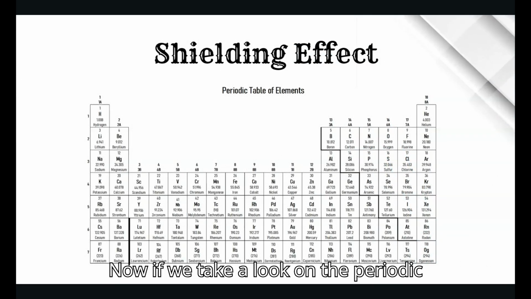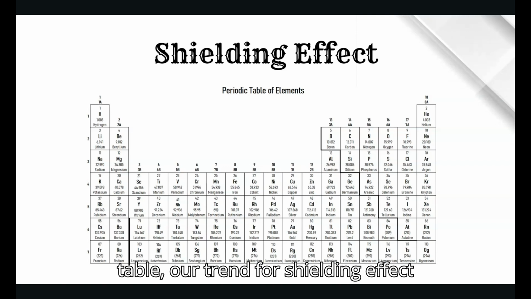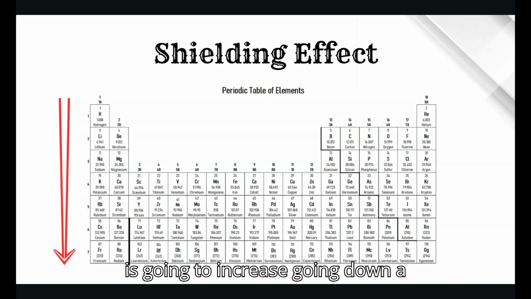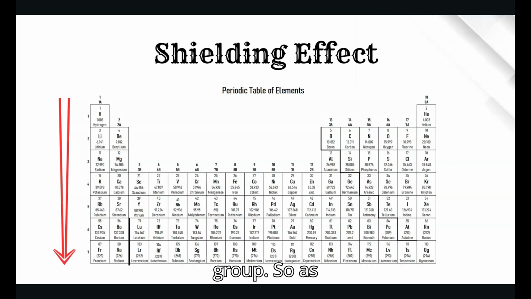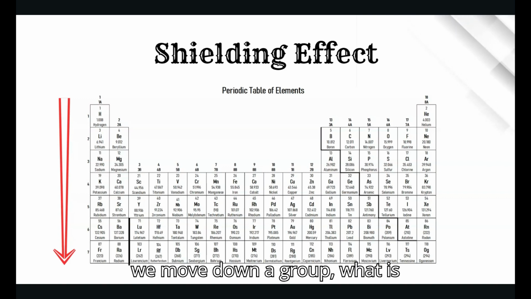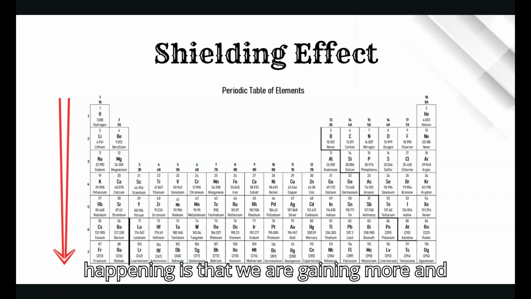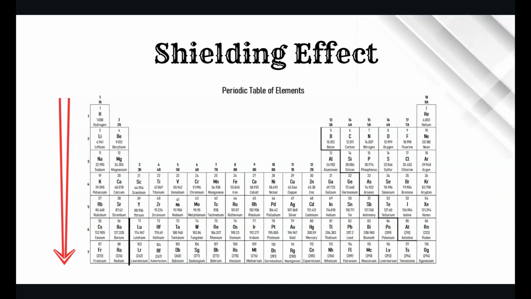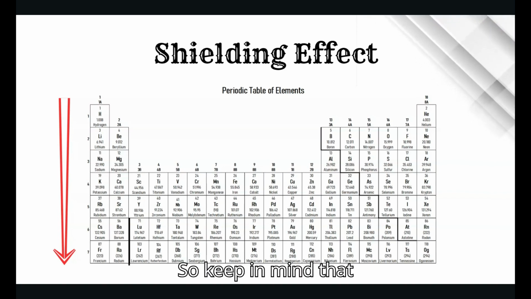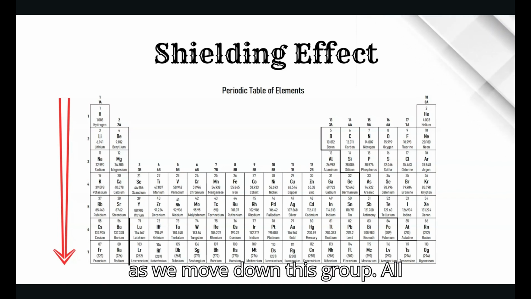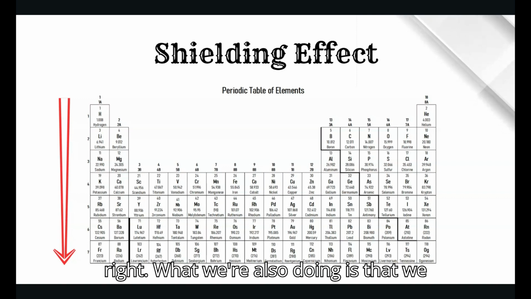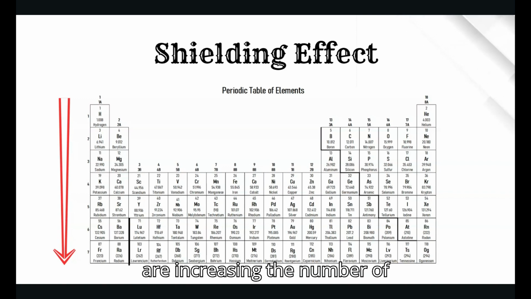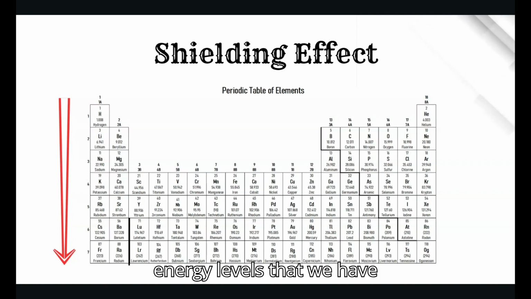Now, if we take a look on the periodic table, our trend for shielding effect is going to increase going down a group. So as we move down a group, what is happening is that we are gaining more and more inner electrons. Keep in mind that as we move down this group, we are also increasing the number of energy levels.